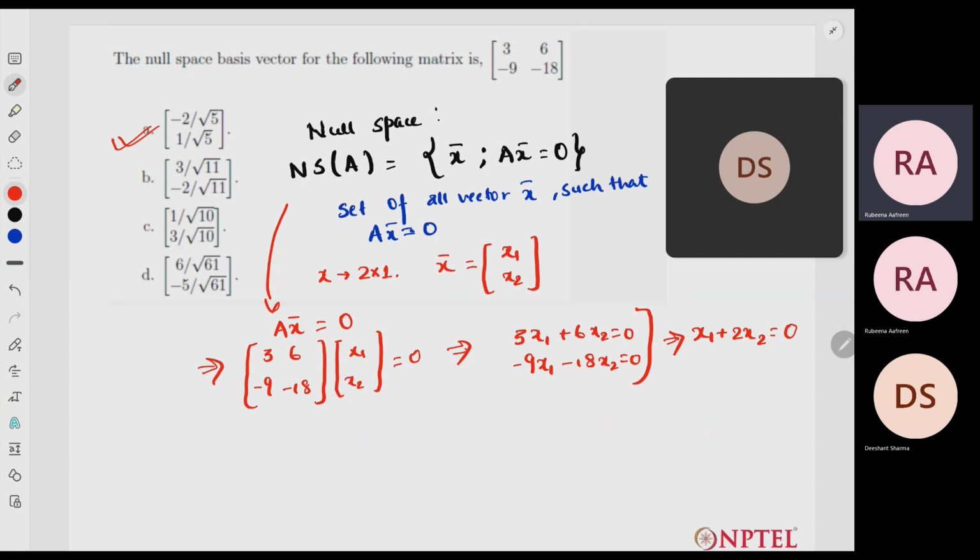Otherwise, you can assume x1 and x2 as anything. Like suppose you take x vector as minus 2 and 1. Is it satisfying? Yes, it is satisfying. Now the option A is what? This is the unit vector: minus 2 by square root of 4 plus 1 and 1 by square root of 4 plus 1.